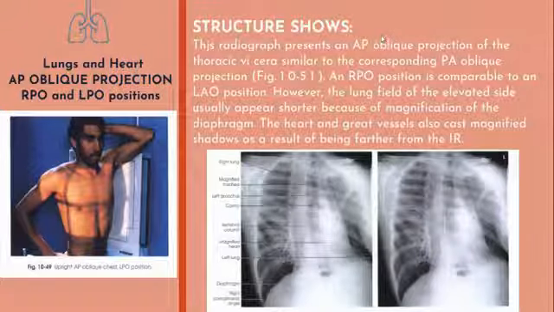This radiograph presents an AP oblique projection of the thoracic viscera similar to the corresponding PA oblique projection. An RPO position is comparable to an LAO position. However, the lung field of the elevated side usually appears shorter because of magnification of the diaphragm. The heart and the great vessels also cast magnified shadows as a result of being farther from the IR.